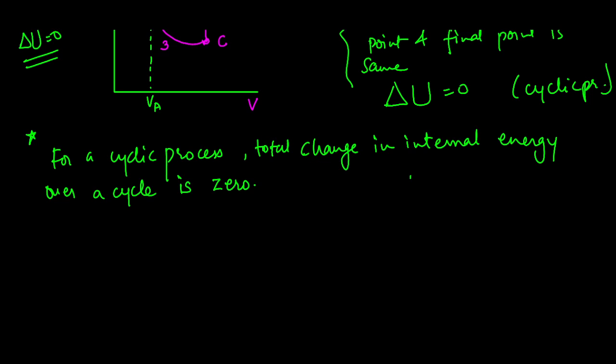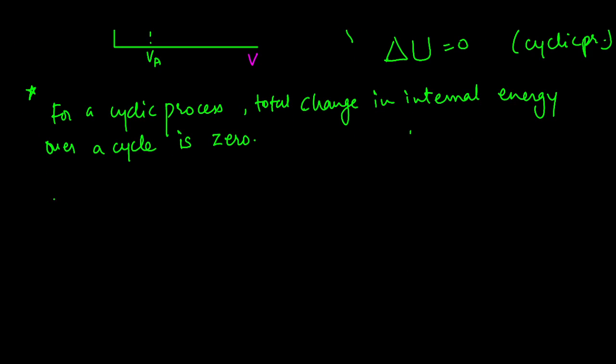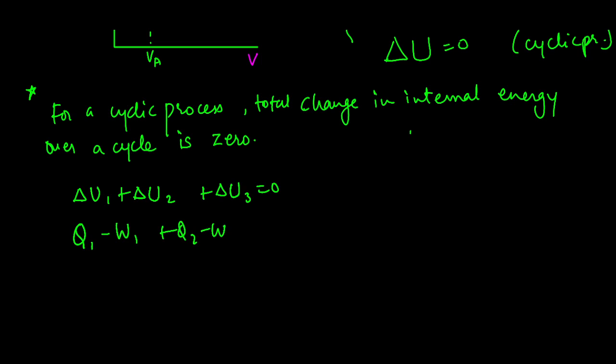Okay, chalo. Now this clearly means, listen to this carefully, this clearly means that if I use delta U1 plus delta U2 plus delta U3 equal to 0 now, I can write it as Q1 minus W1 plus Q2 minus W2 plus Q3 minus W3. Yes or no? First law. Okay, that would give me now Q1 plus Q2 plus Q3.